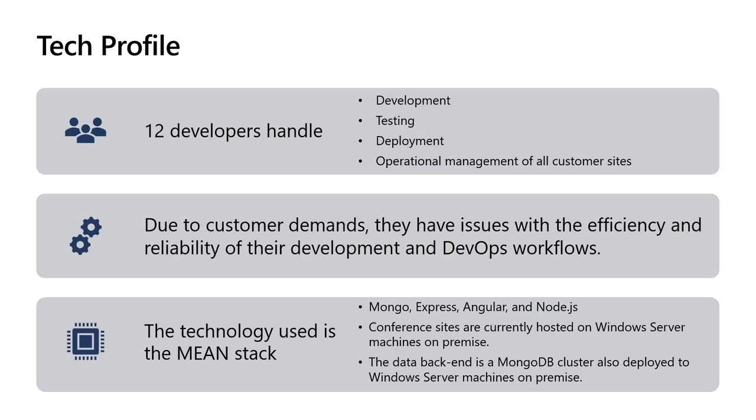The technology they are using is the MEAN stack, that is Mongo, Express, Angular, and Node.js, and these conference sites are currently hosted in Windows Server machines that are running on-prem. And especially the DB backend, the MongoDB cluster, is deployed on Windows Server machines on-prem as well.